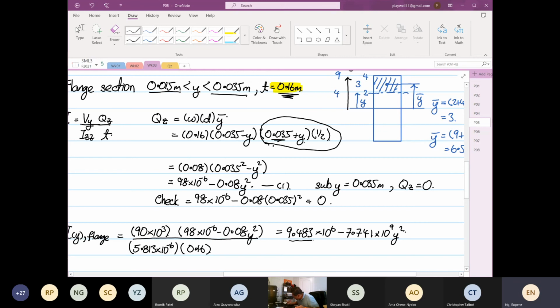Okay, so this is your shear stress distribution, right? If you substitute y equal to 0.035, the shear stress will be approximately equal to 0.